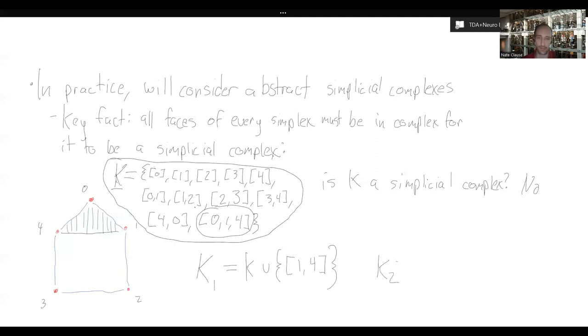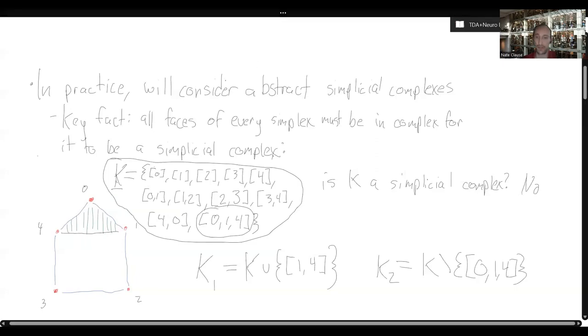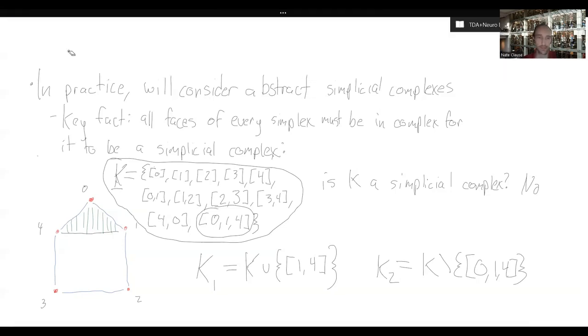Or similarly, we could let K2 be K and then remove the 2 simplex, 0 1 4. And now either of these are in fact a simplicial complex. So K1 is what we have visualized on the left-hand side currently, and K2 is what we get if we remove all of this aside from that diagonal, which shouldn't have been deleted. So this is a visualization of K2.